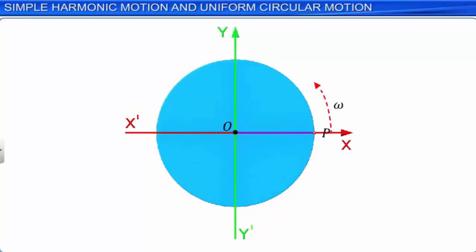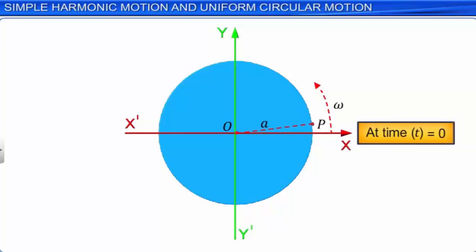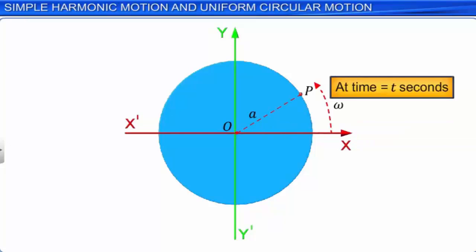Now, consider the position of particle P at time t equal to 0 on the x-axis. At the end of t seconds, its position changes. The angular displacement of the particle at the end of t seconds is omega t.